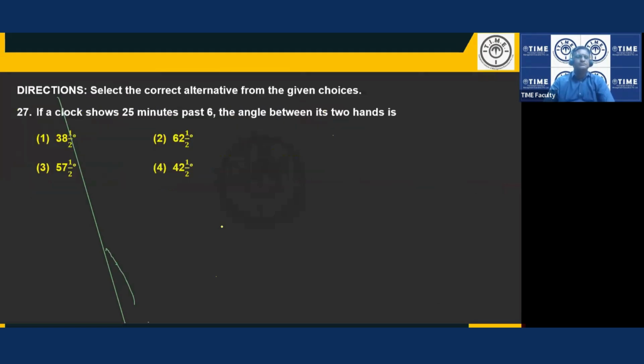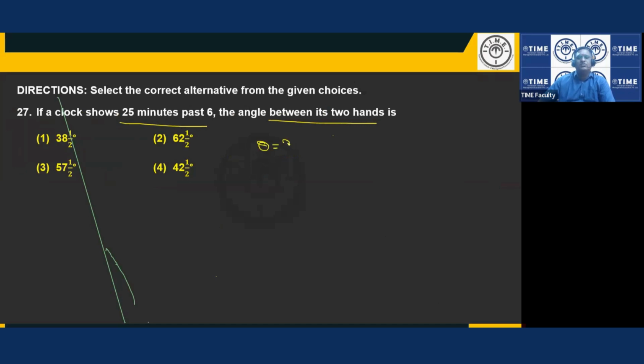Next, if a clock shows 25 minutes past 6 hours, then the angle between the two hands is... we have told you the formulas in class, right.